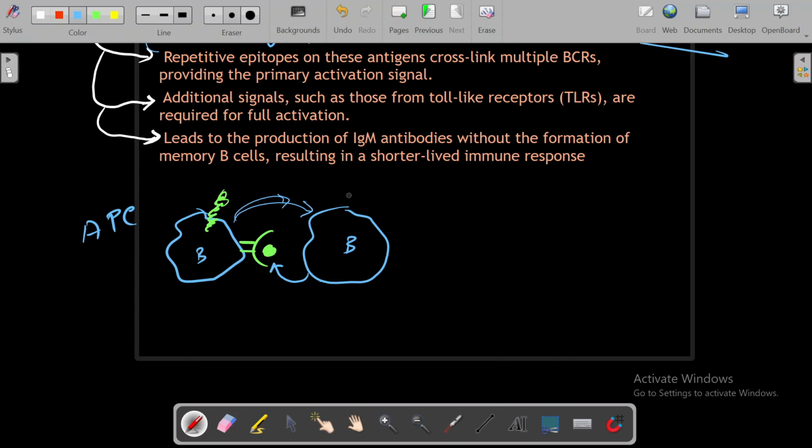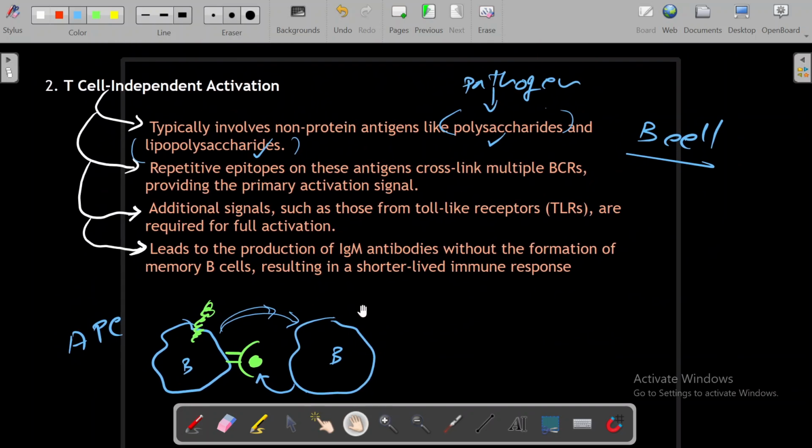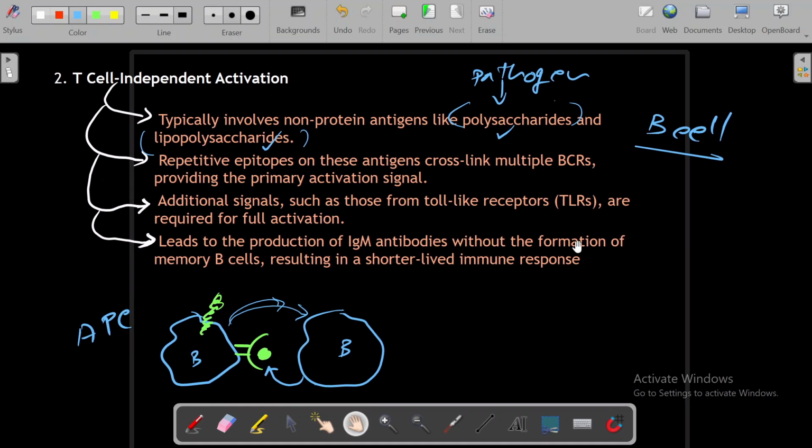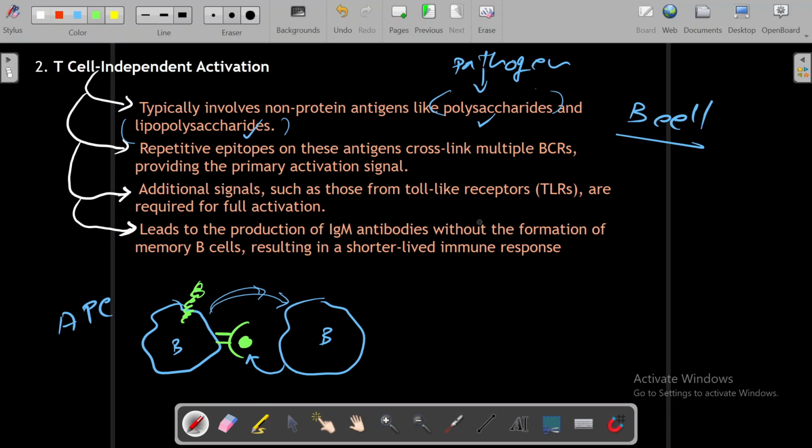And this is mainly a cross link that happens in the T cell independent activation. And this is not cross link, but this is also another thing of the activation of B cell. And in the cross link, suppose this is a pathogen, and with this pathogen mainly two or three B cell receptors will bind.